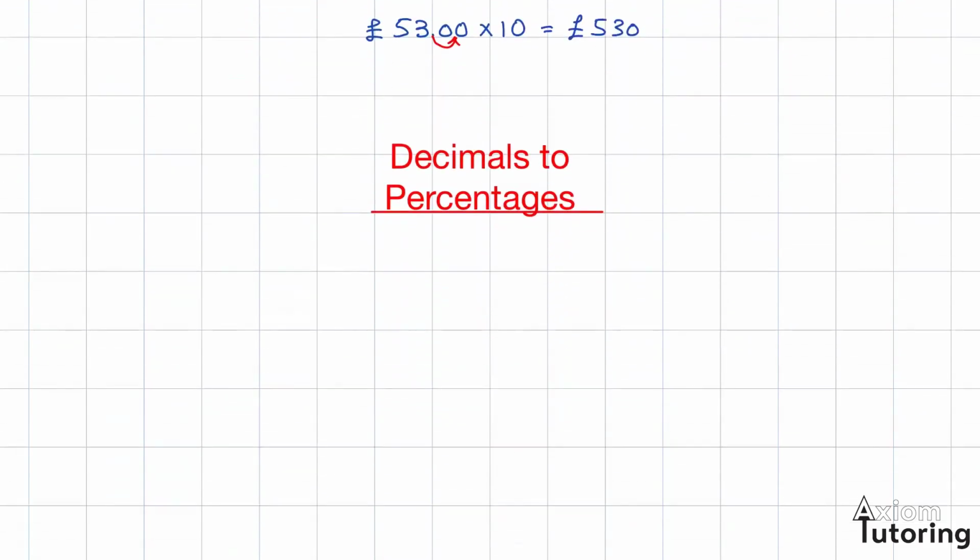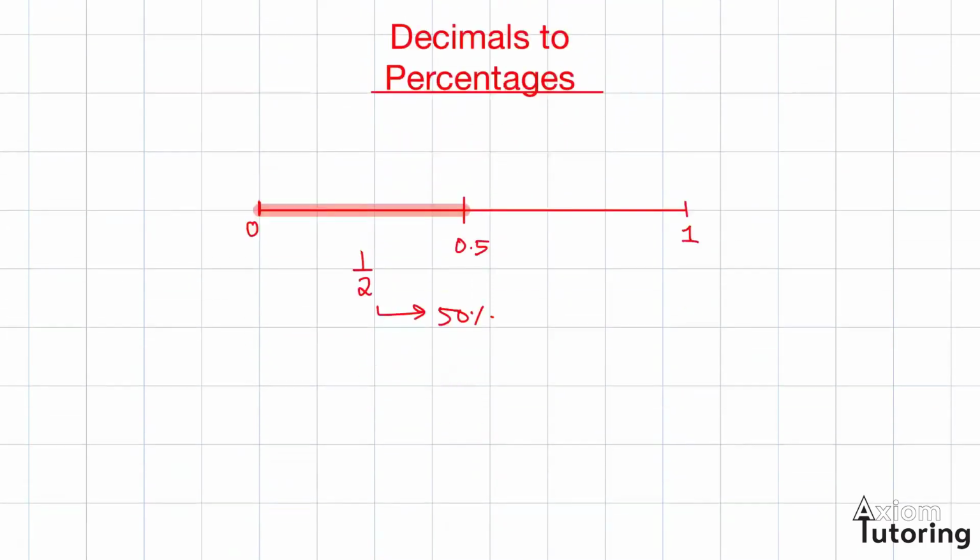The next thing is to convince yourself of just one fact, and that is if we have a line with a length of 1, splitting it in the middle is 0.5. 0.5 is the same as half of that line, which is the same as 50%.